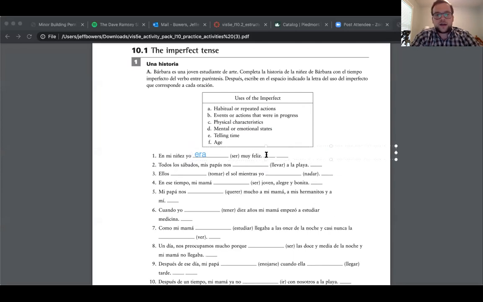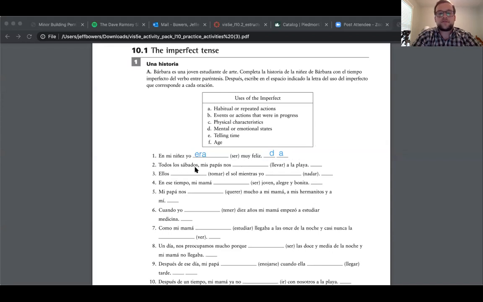Probably a mental or emotional state. You could also say ongoing or habitual or repeated actions, right? In my childhood, I was very happy. So it could be either mental or emotional states or a habitual or repeated action. All right, todos los sábados. There's a good clue that you're going to be using the imperfect.